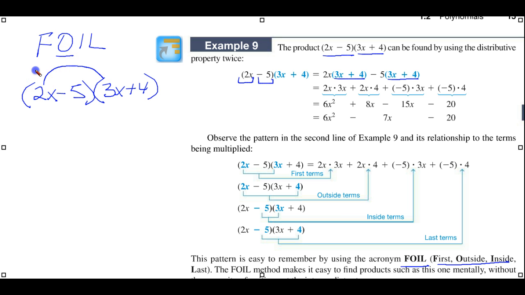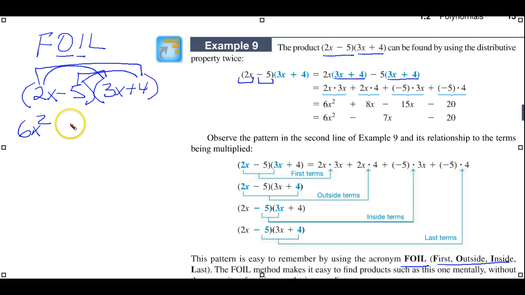O is for the outer terms. I is for the inner terms. And then last is for the last term in each binomial. So let's do that. 2x times 3x is 6x squared.